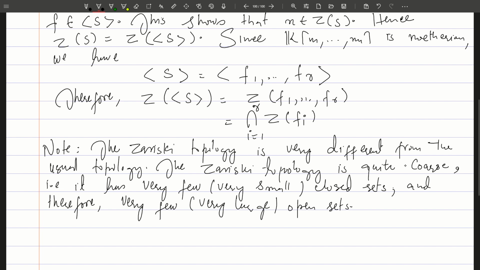For example, the non-empty open sets always meet, and hence this topology ceases to be Hausdorff.